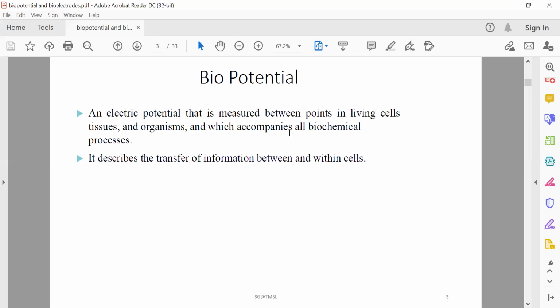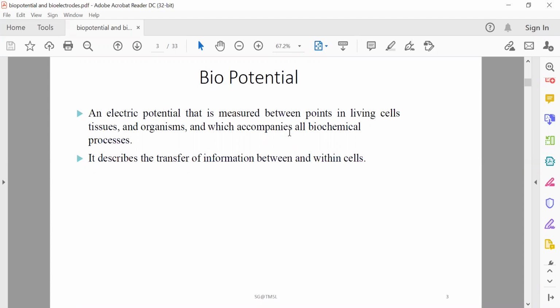Certain systems of our body generate their own monitoring signals while carrying out their various functions. These signals convey useful information about the functions they represent.